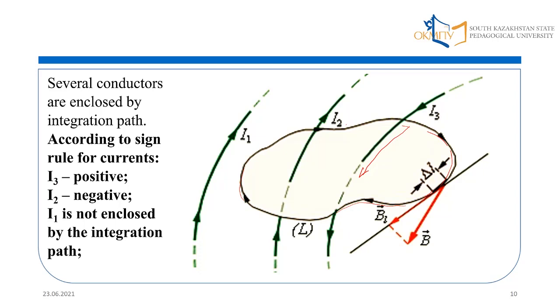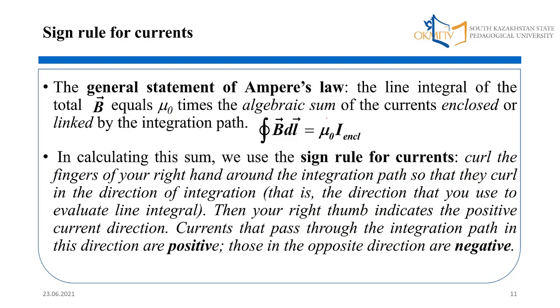And I2 is out of the screen. It means the negative sign for the current I2. And I1 is not bounded by this integration path.